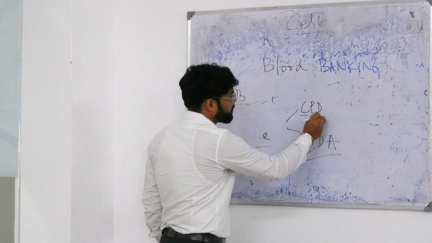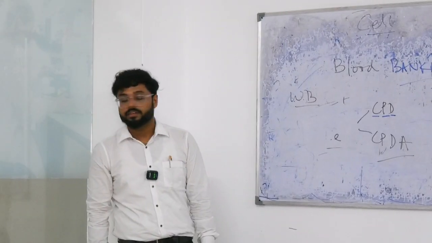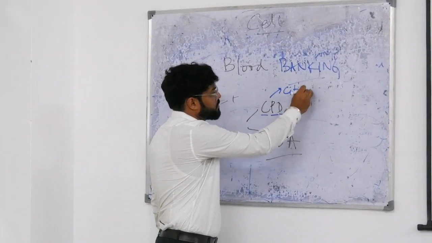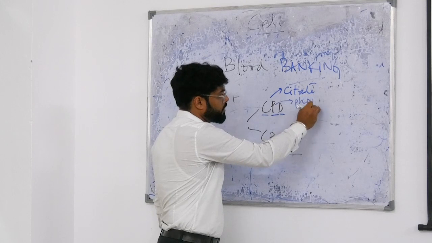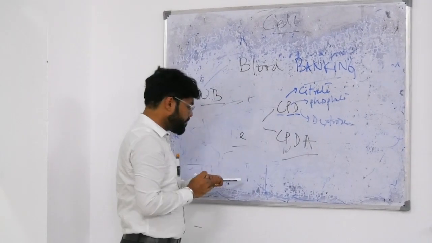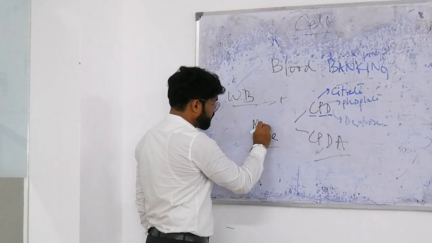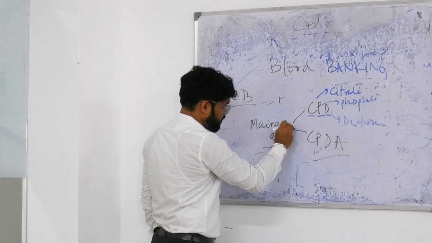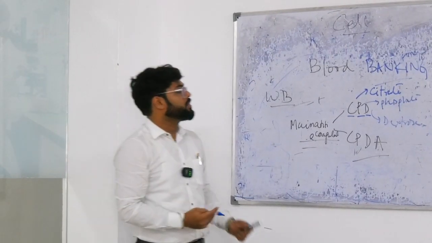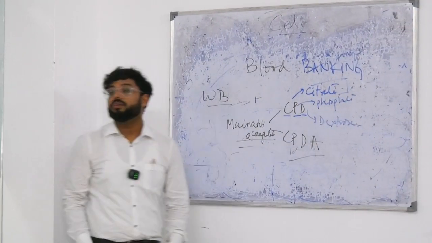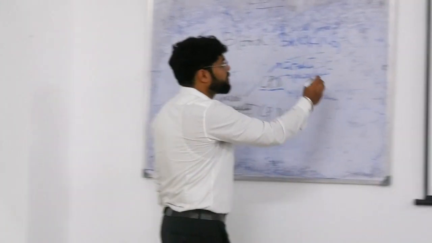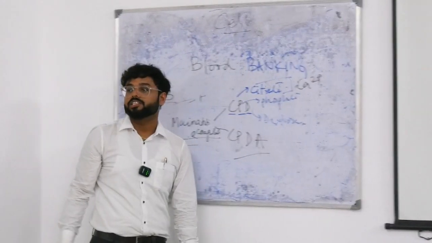CPD: citrate, phosphate, and dextrose. This is the main anticoagulant present in the blood bag. The citrate is used for what? Yes, of course, this is used for chelation of calcium.